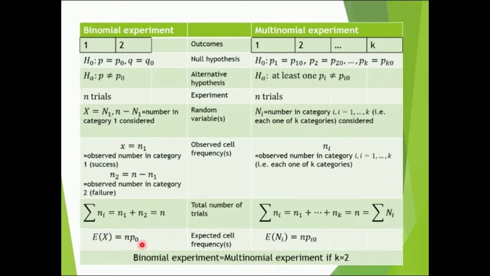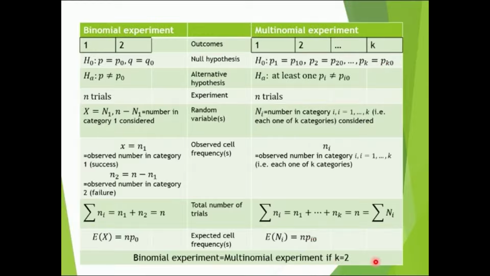Here the expected frequency is going to be the total number of trials times the probability associated under the null hypothesis with each category. So note that the binomial experiment is just a multinomial experiment if K is equal to 2.